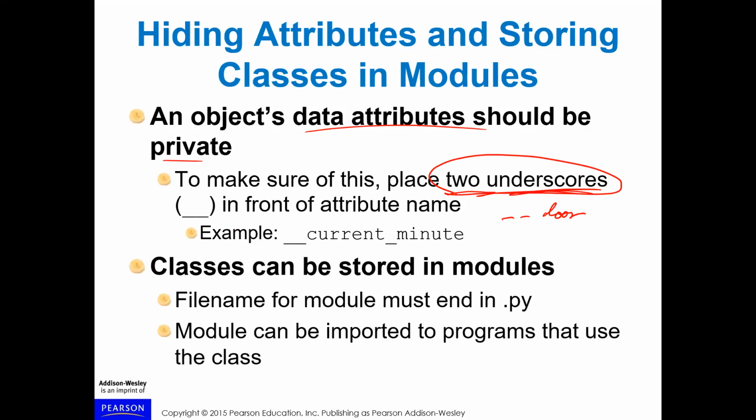What that means is that these become hidden, basically, or they become only accessible to code within the class in a very strict way. So you can't just access the attribute from the outside through the object. You have to access it through a function, a method.